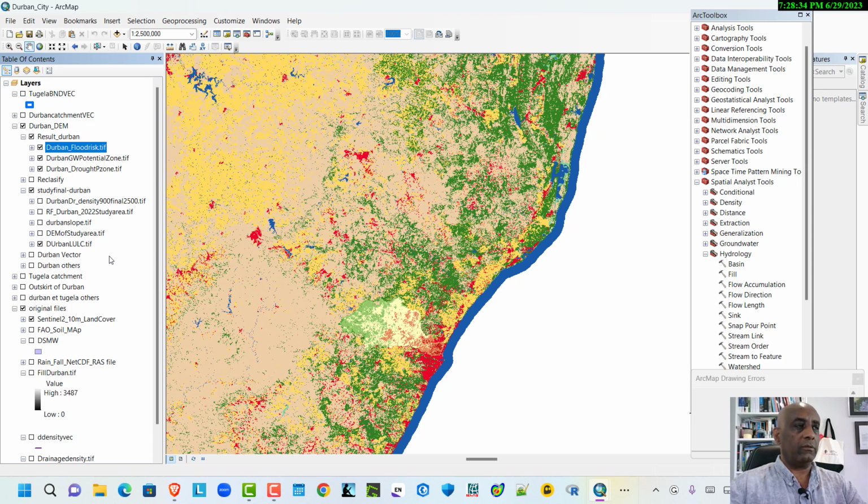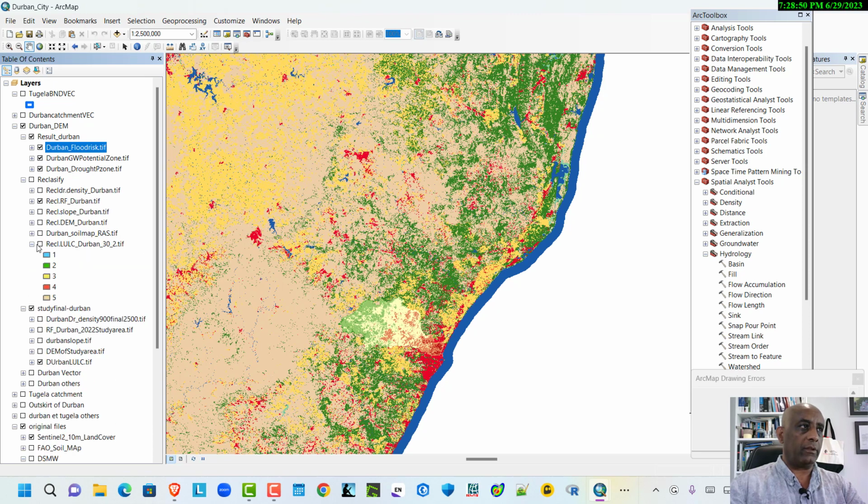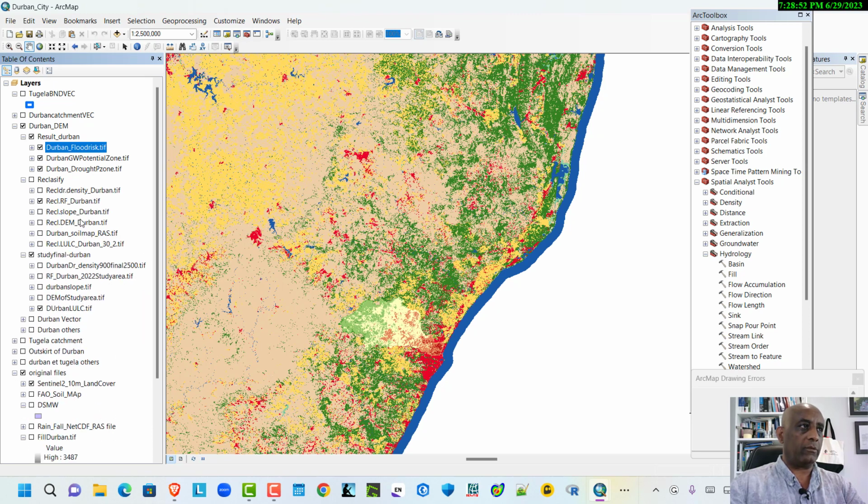Before arriving into that, the data has to be formatted, steps into different type of files, and finally we arrive into a classified format. We have to classify. This is a classified format of the final data prepared by me.